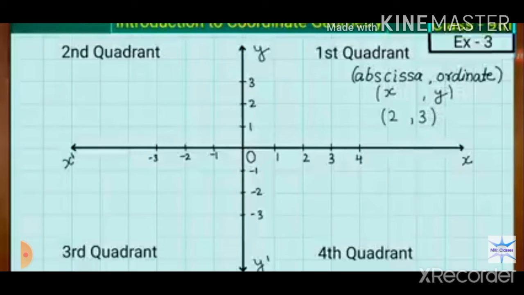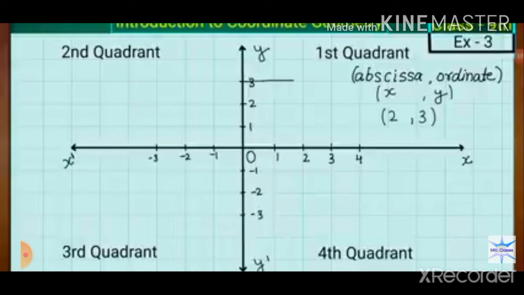The abscissa will be considered on the x-axis, the ordinate will be considered on the y-axis. Since x is equal to 2, you take the point 2 on the x-axis. y is equal to 3, so you take the point 3 on the y-axis.